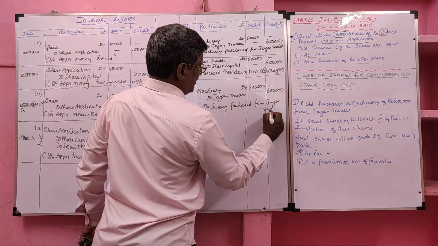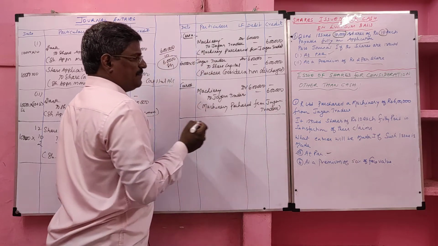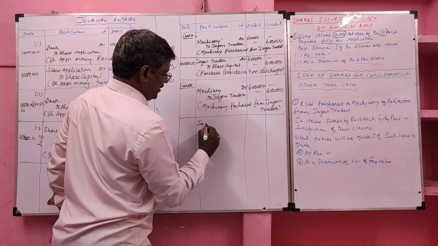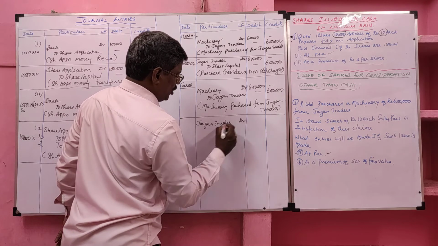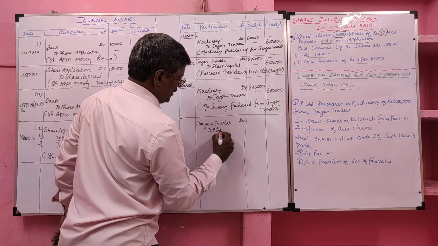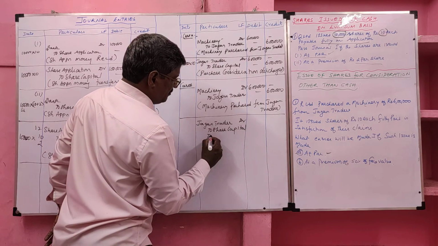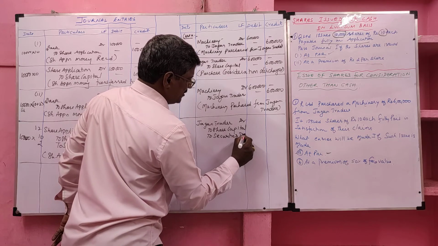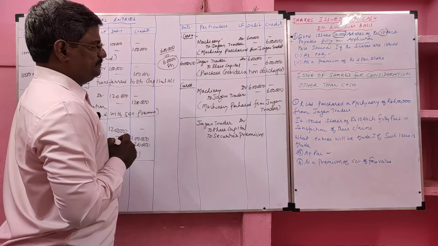Next we are going to discharge the purchase consideration. What entry will record? Jagan Traders account debit to share capital and securities premium. First we should find the number of shares issued.